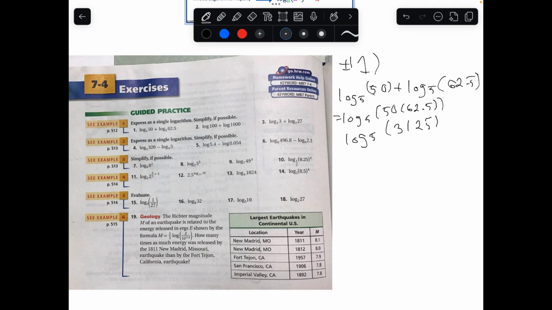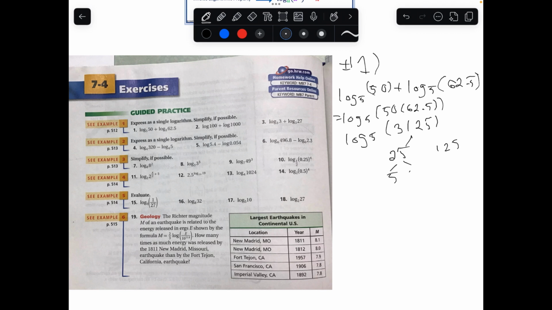Now, there's something to keep in mind. Since I have log base 5, I probably can factor that 3,125 by 5s. So if I divide by 5, I get 5 and 625. Divide by 25, I've got 25 and 125.